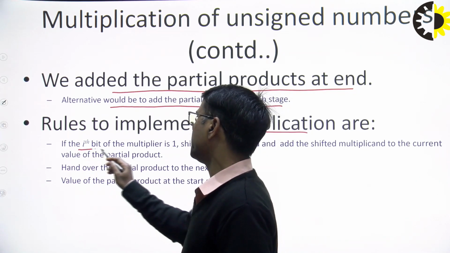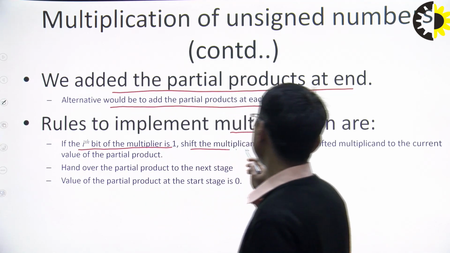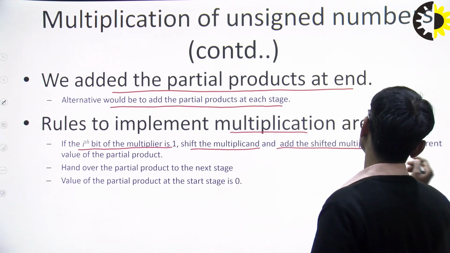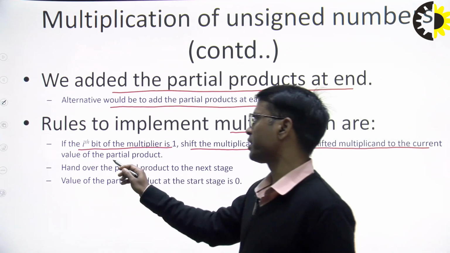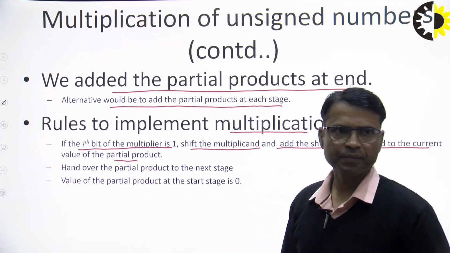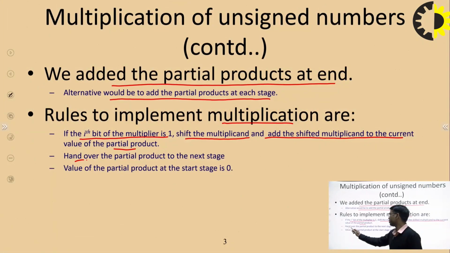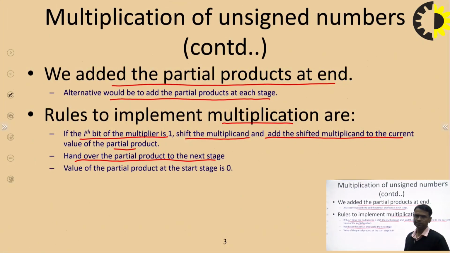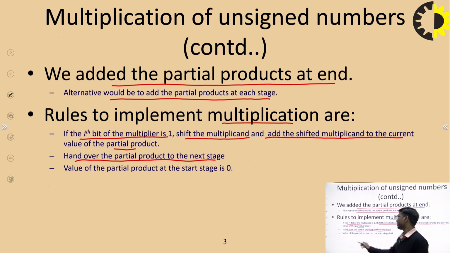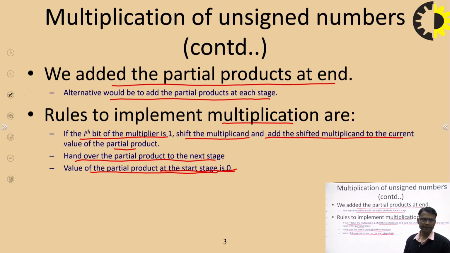If the ith bit of the multiplier is 1, shift the multiplicand and add the shifted multiplicand to the current value of the partial product. Then we hand over the partial product to the next stage. And the value of the partial product at the start stage is 0, because it is blank initially.